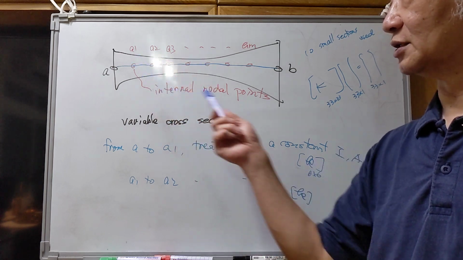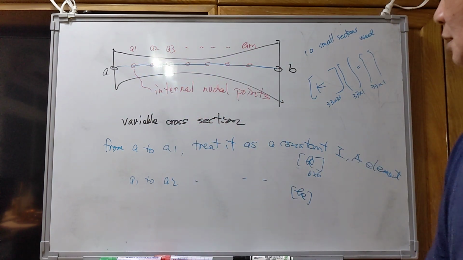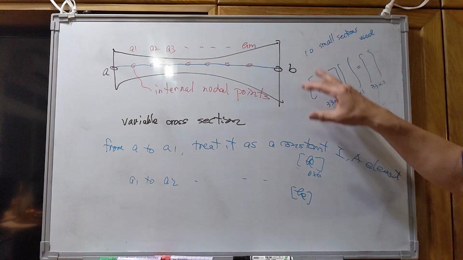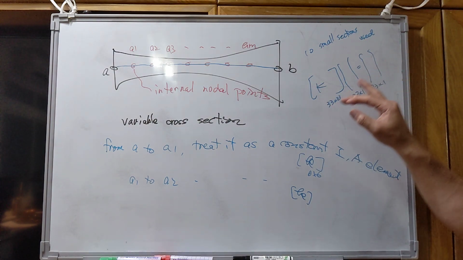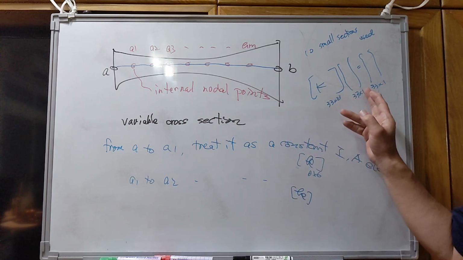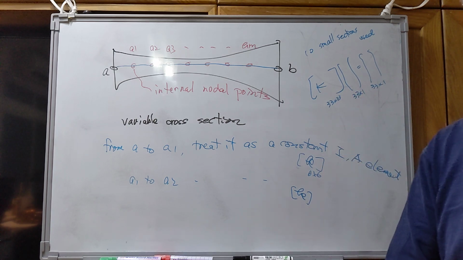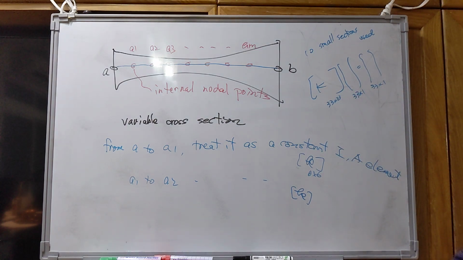But the inside nodes are usually considered only by the programmer. After we assemble the K matrix, which includes a 33 by 33 matrix, the 33 by 1 displacement vector, and the 33 by 1 force vector.